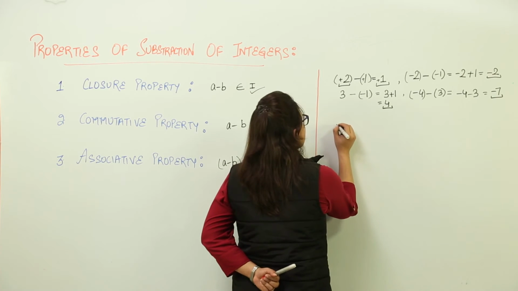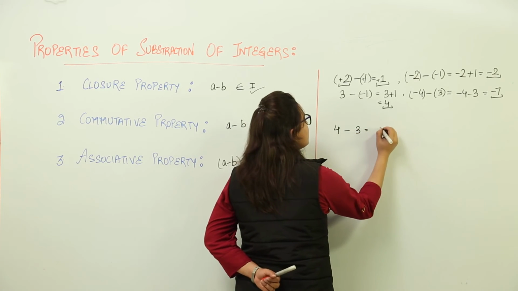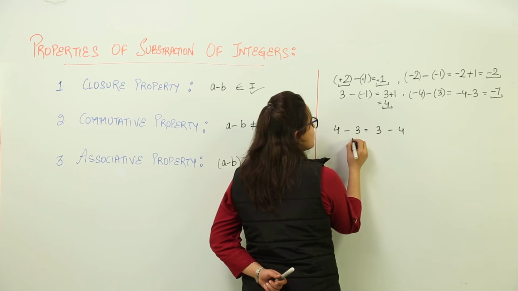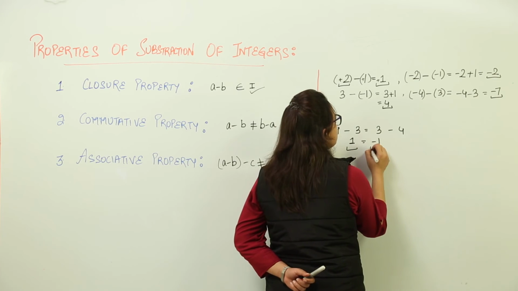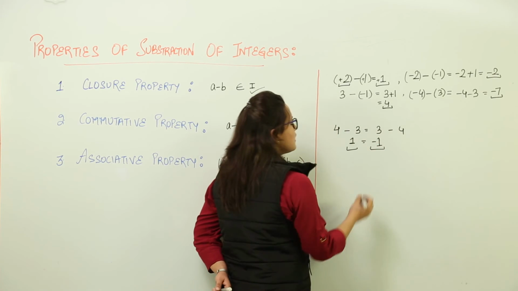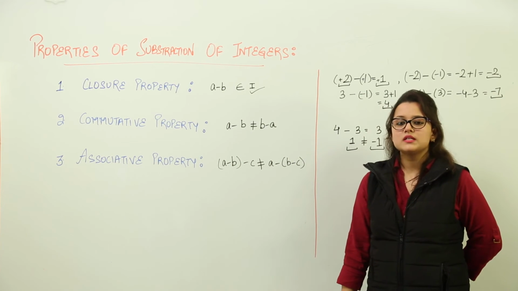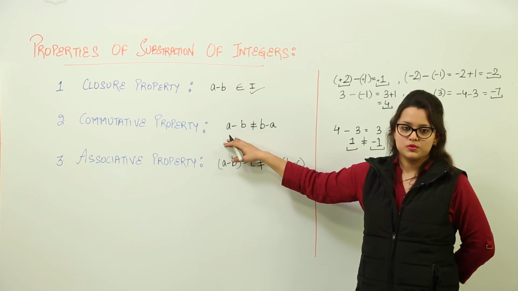If we take 4 minus 3, and on the other side we do 3 minus 4. Let us check. What is 4 minus 3? 1. What is 3 minus 4? Minus 1. Now we can clearly see that the answers are not equal. That gives us the conclusion that the subtraction of integers is not commutative.